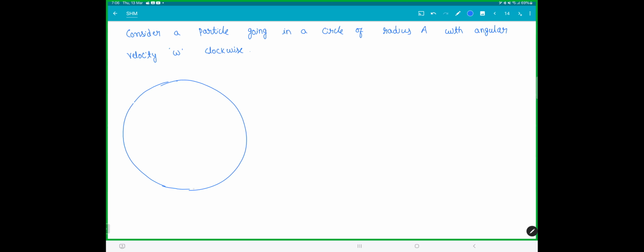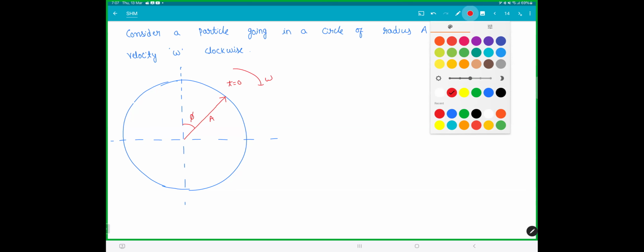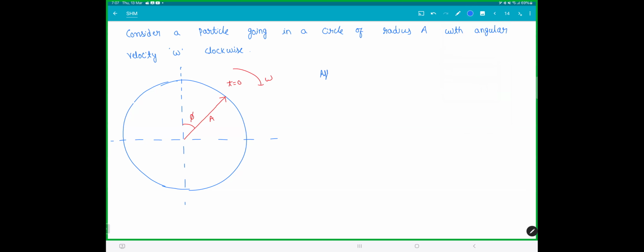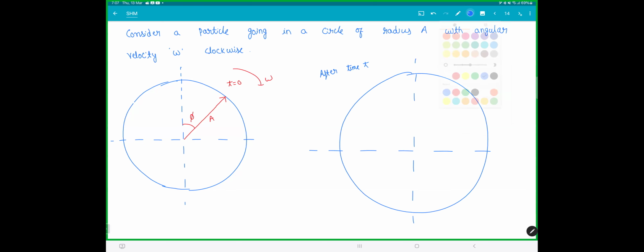So when you consider this particle going in a circle, let's say at t is equal to 0, you're somewhere here. The angle phi is this, and you're rotating with omega like this. So at t0, you're starting from here. After some time t, because you're rotating, this angle becomes omega t plus phi.